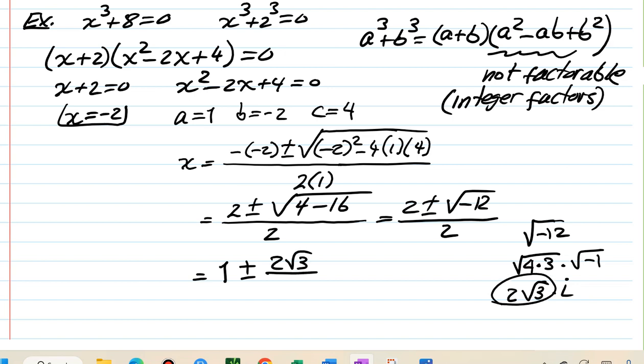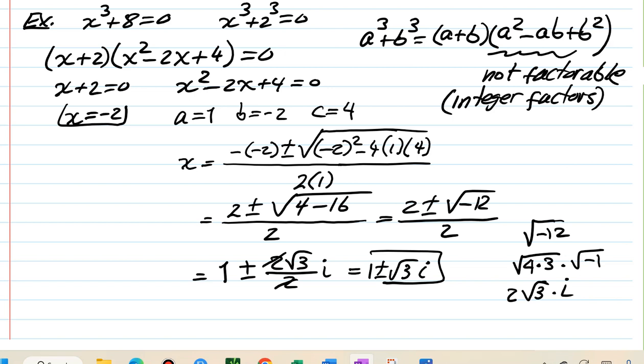That was square root of 12, and here is the i. And if you cancel the 2's, we finally get the reduced version of our answer. So we do have 2 complex solutions for this one.